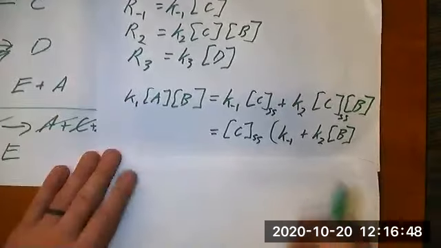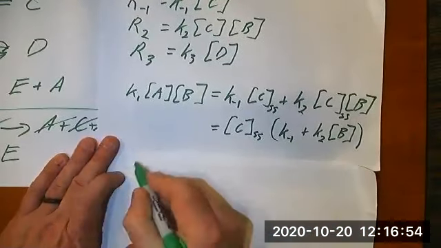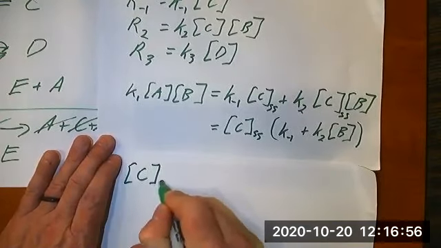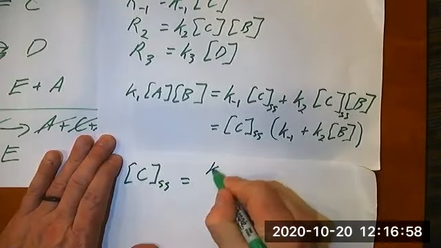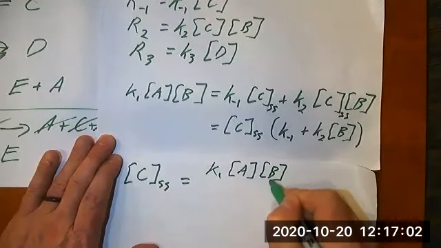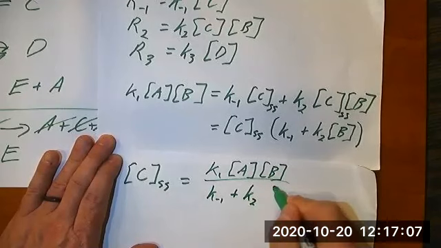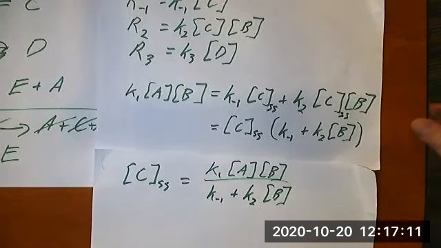I need to close parentheses. We'll divide through by the k_-1 plus k2 concentration of B. So we get our C steady state equals k1 concentration of A concentration of B over k_-1 plus k2 concentration of B. Okay, everybody with me at that point?